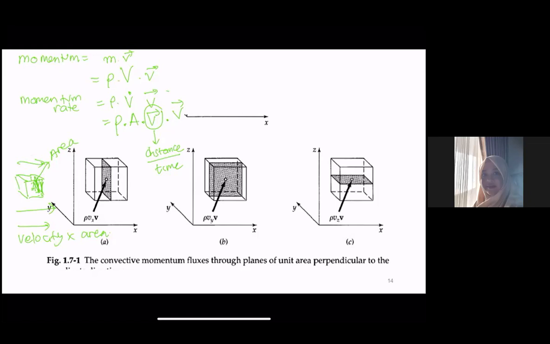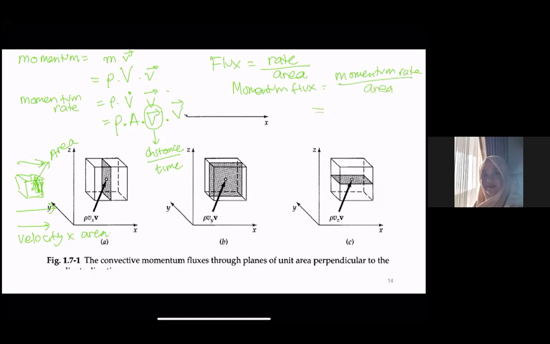Now flux, any flux, is called the rate divided by area. So any flux, heat flux or mass flux or momentum flux, is the rate of the quantity divided by the area. So momentum flux is actually the momentum rate divided by area.